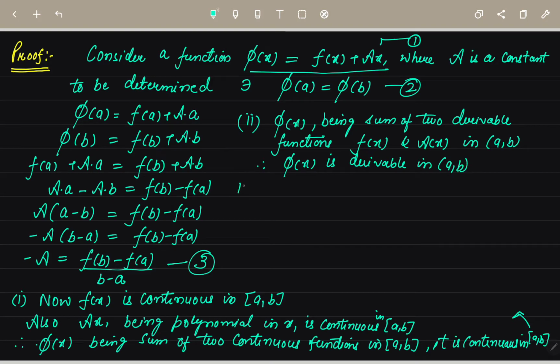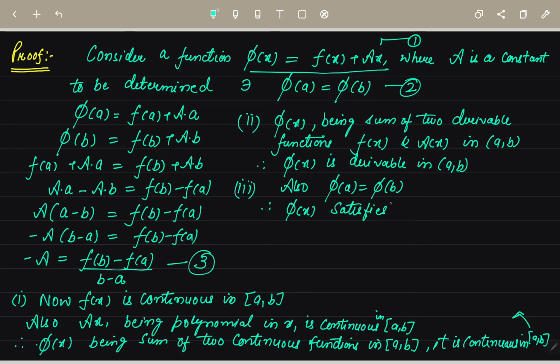Now the third condition is phi of A is equal to phi of B. So I will write here also phi of A is equal to phi of B. Okay. Therefore phi of x satisfies all the conditions of Rolle's theorem.